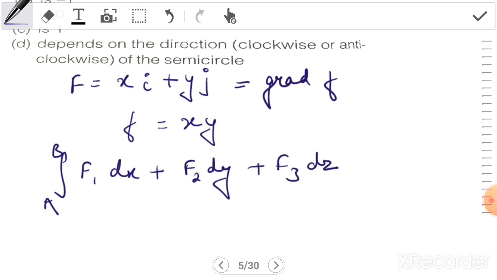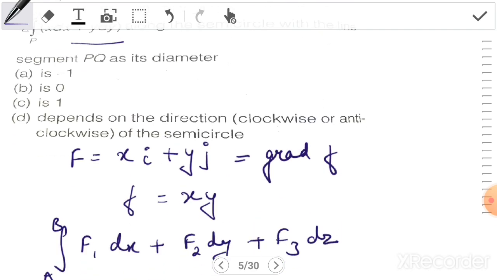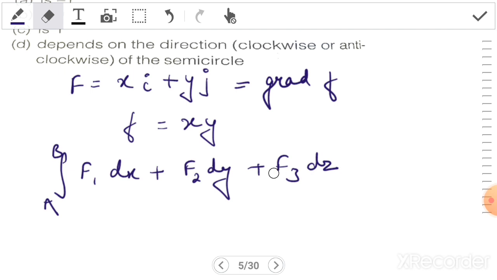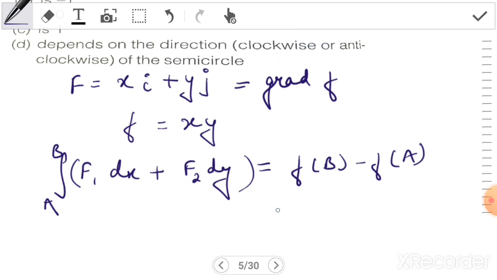Since here we have only x and y components, we will omit the f3 z component. So it is equal to f of b minus f of a, where F is equal to gradient of f.